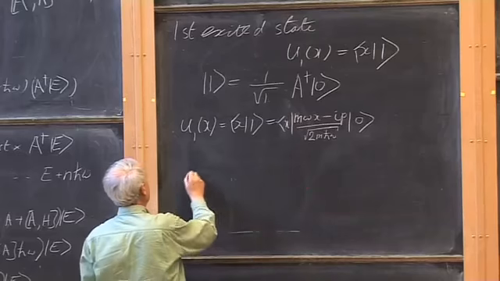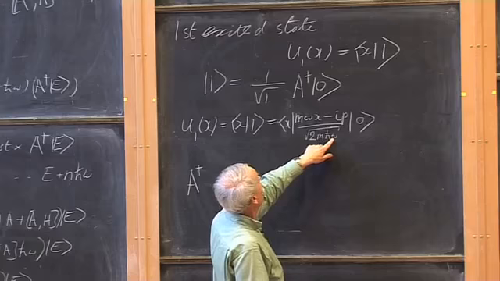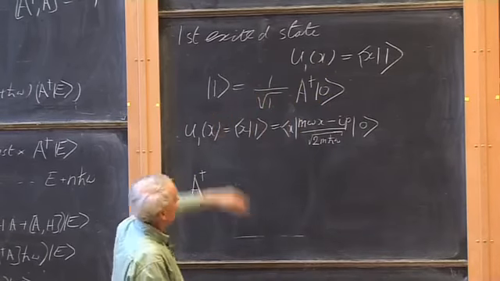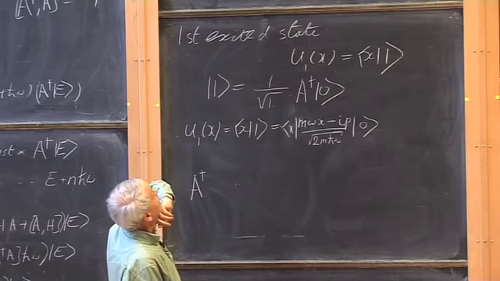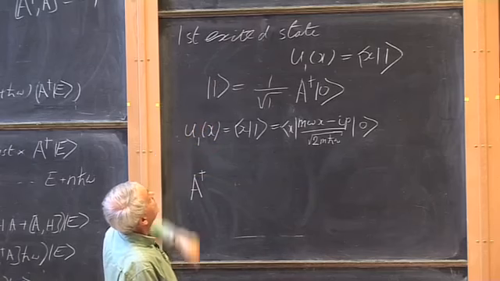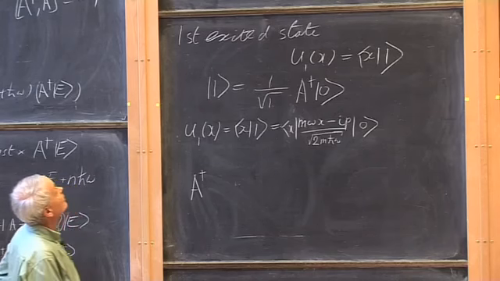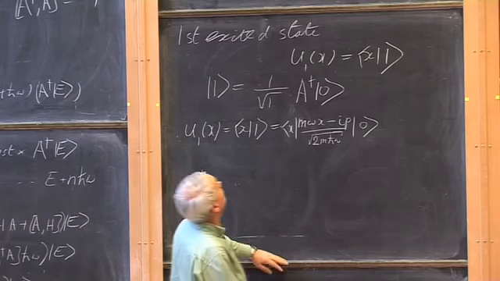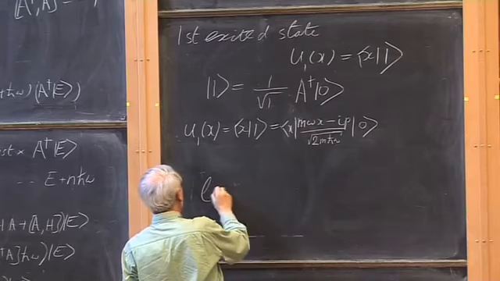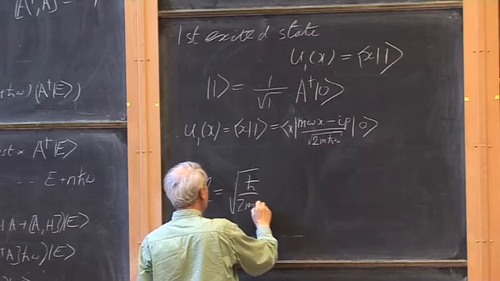So let's work out what a dagger is in terms of L. L is equal to the square root of h bar over 2m omega.